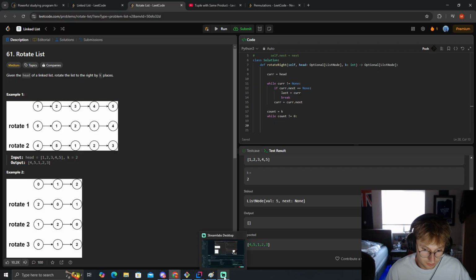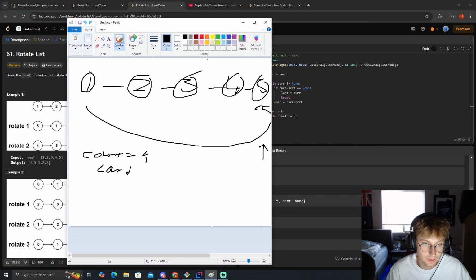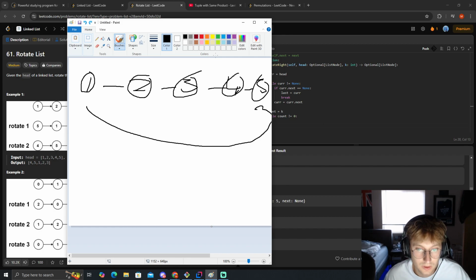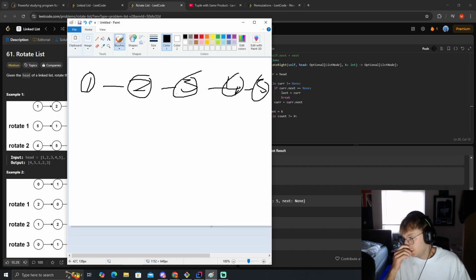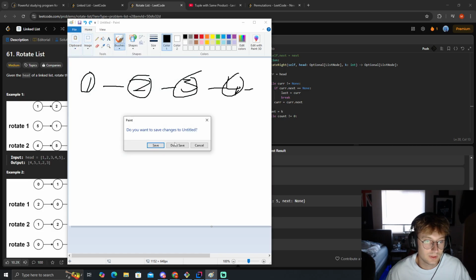Let's kind of visualize this. Technically, what we need to do is break this pointer. Wait, no. Let's just redo this. Hang on, I need to make this smaller.